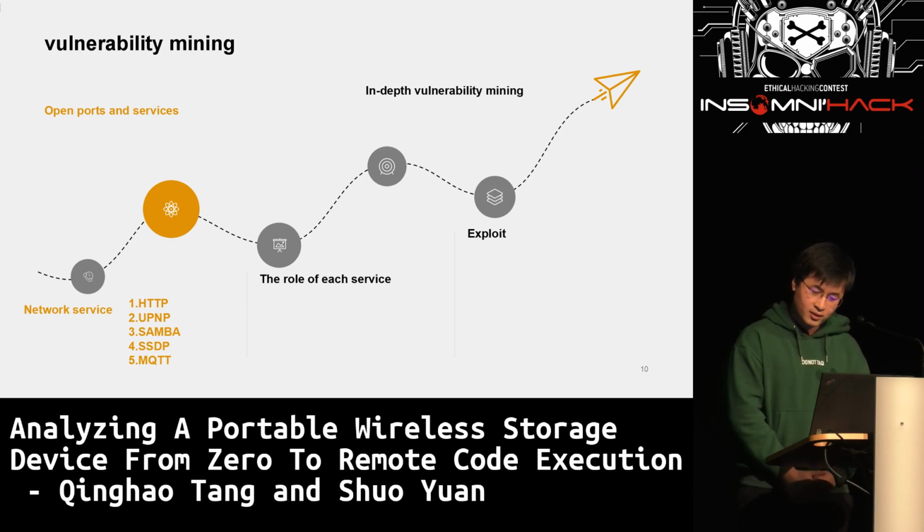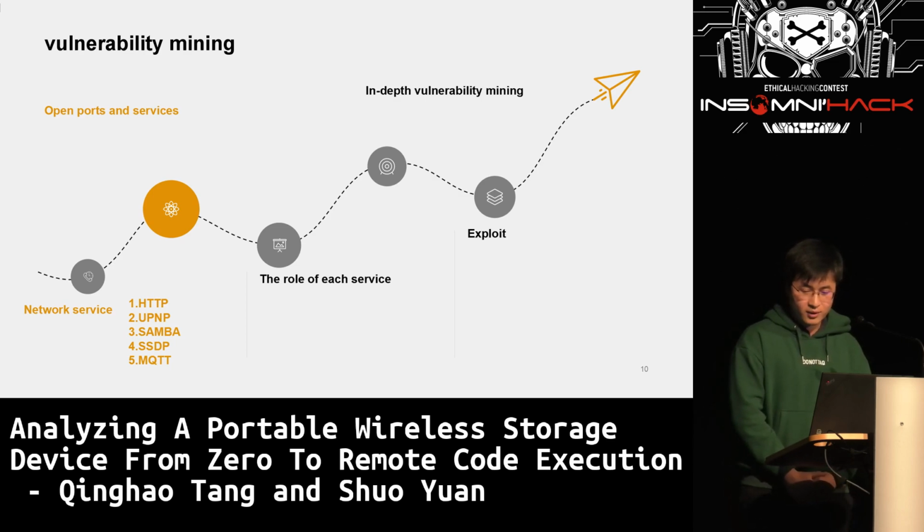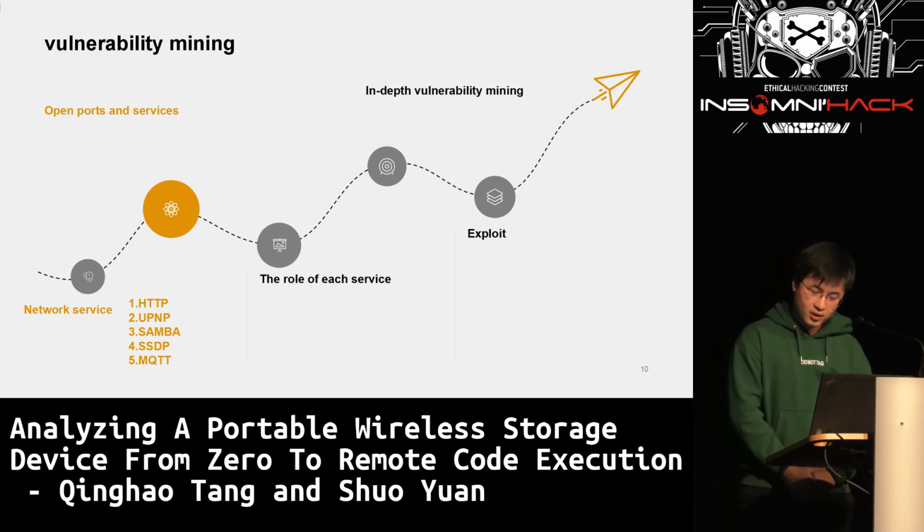The second step, we need to find out the open ports and service programs. Then aggregate the roles of each service and the links between them, so we can better understand the relationship between the wireless hard disk software.